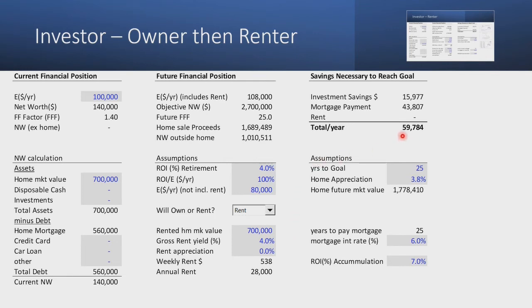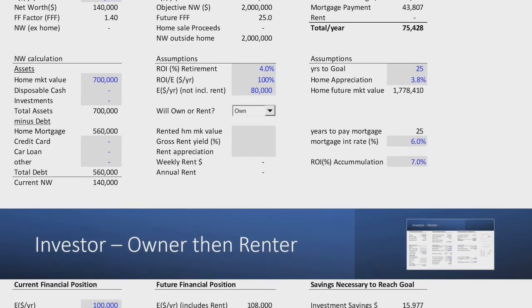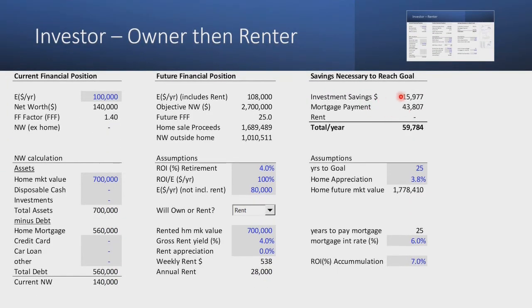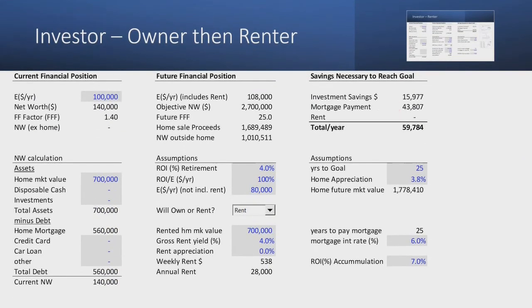And you see now that the $75,000 that he had to save and invest in mortgage and interest payments is now going to be less. The same amount of mortgage, because we're talking about the same house. But now he's reducing this to half, because as you see here, part of his net worth is going to come from his house, even though he's going to increase his expenses per year.